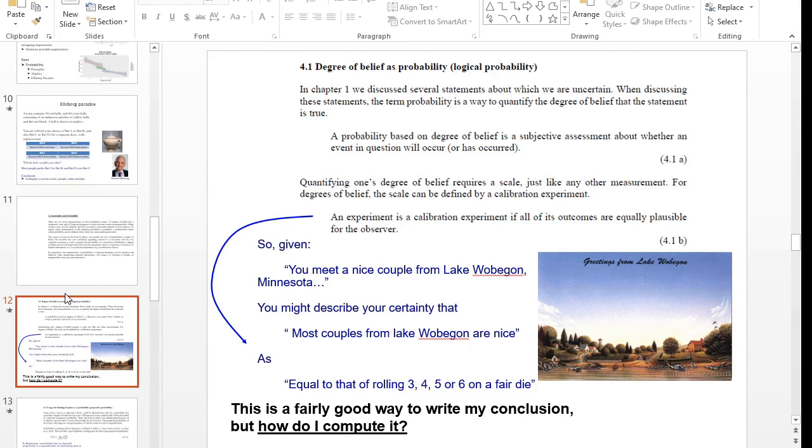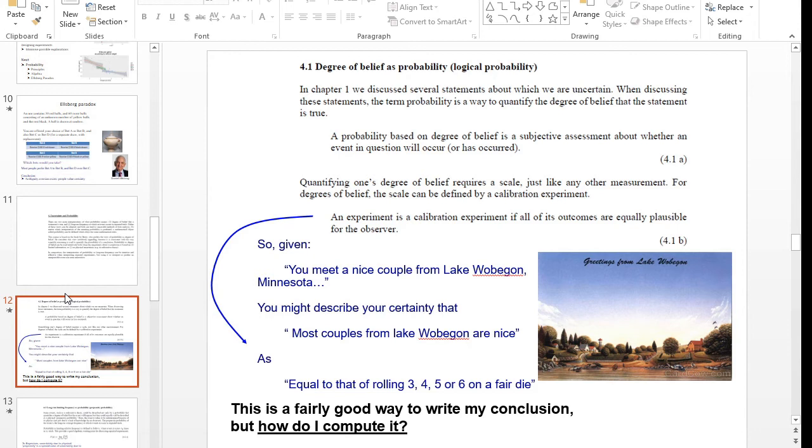So in order to take my actual example statement, are most couples from the town of Lake Wobegon nice? I can answer this if I can come up with some answer like the probability of this statement being true is equal to the probability of rolling 3, 4, 5, or 6 on a fair die. That's going to be a good way of writing my conclusion.